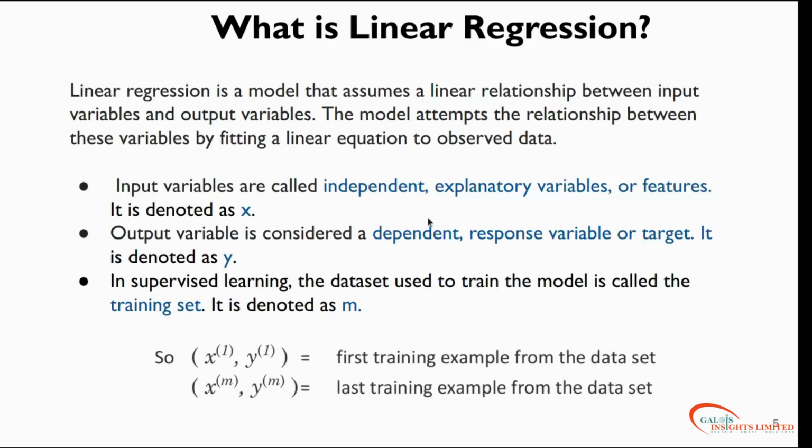For the first tuple that you see here, x1, y1, the x1 simply refers to the input features, which normally come in the form of a matrix, and the y1 is the output variable or the target, which normally comes in the form of a vector. This denotes the first training example of the data set. So the last training example will be denoted as xm, ym.